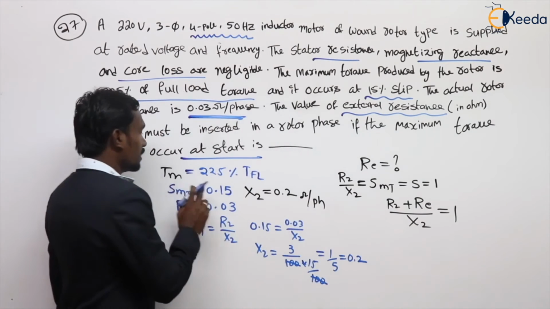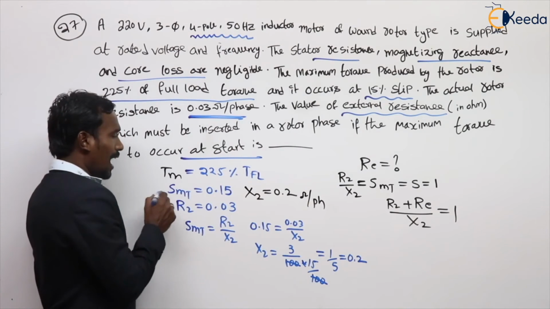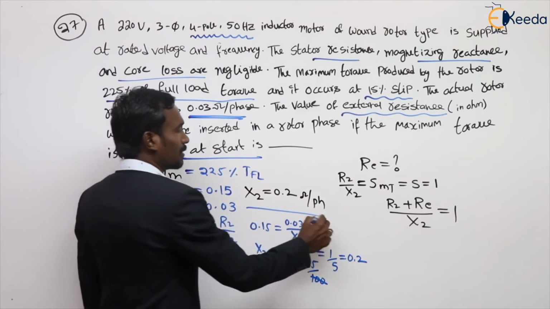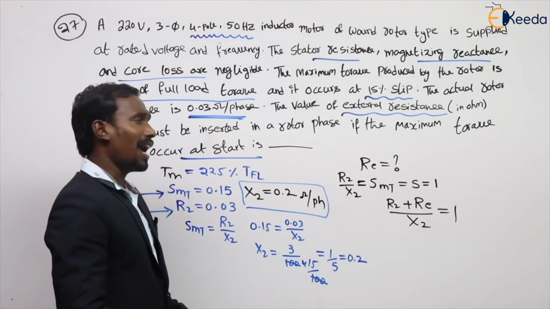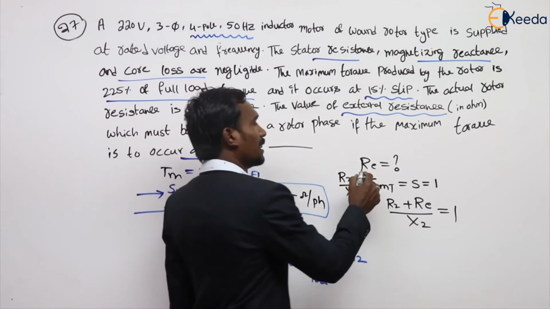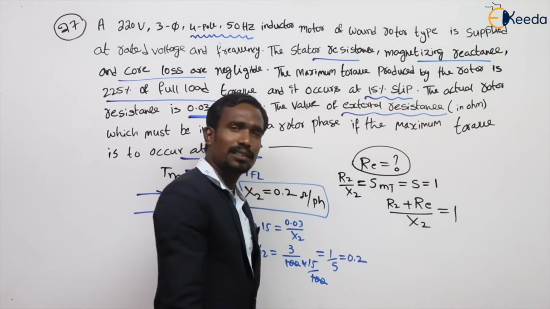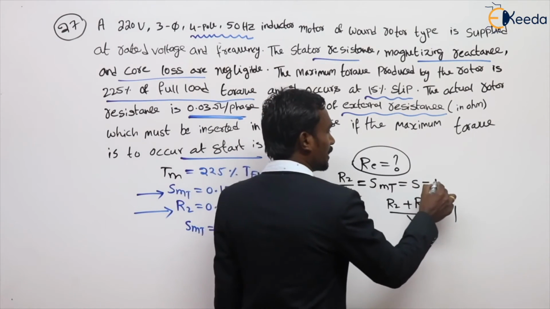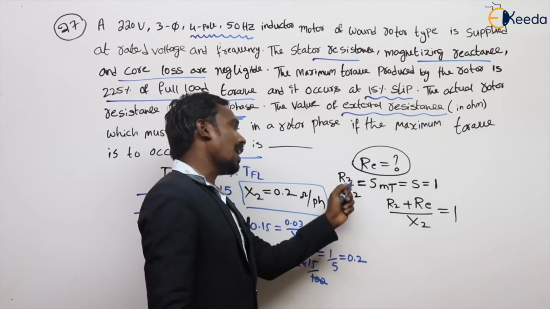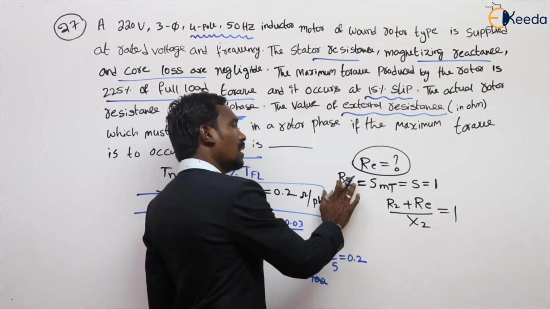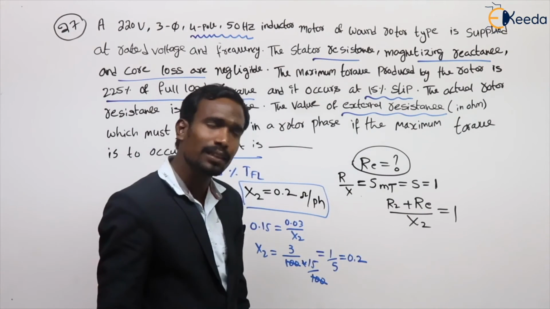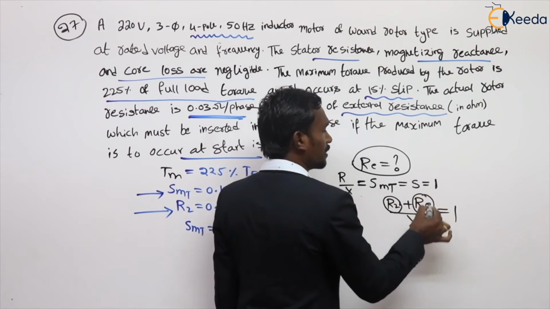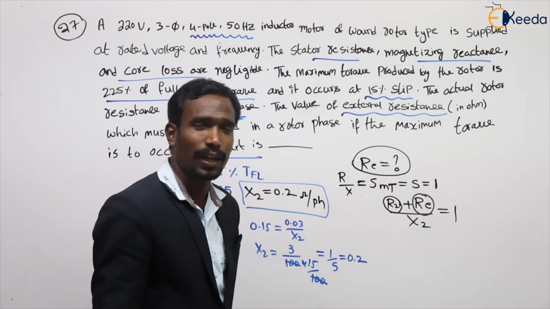What I did? They gave the maximum torque, slip at maximum torque and rotor resistance. From this I calculated the rotor reactance. Then after, I want external resistance to get the maximum torque at starting. So slip at maximum torque is equals to 1, nothing but R by X should be equals to 1. What is R? Rotor resistance plus external resistance by rotor reactance is equals to 1.